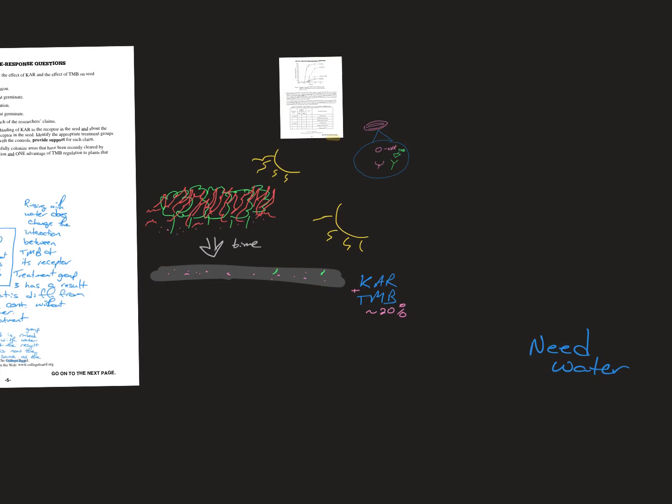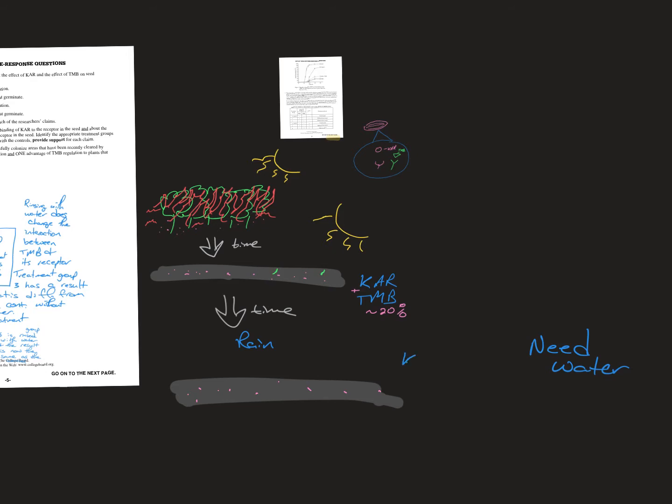Assume that some more time passes by, and you get rain, along with that nutrient layer and the pink seeds, and some have already started growing. Well, what's the rain doing to the CAR?